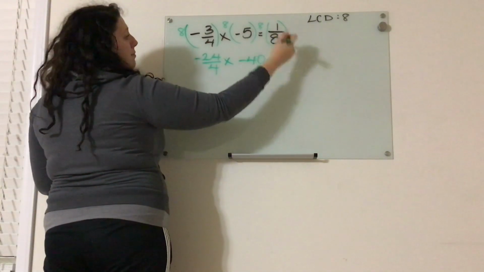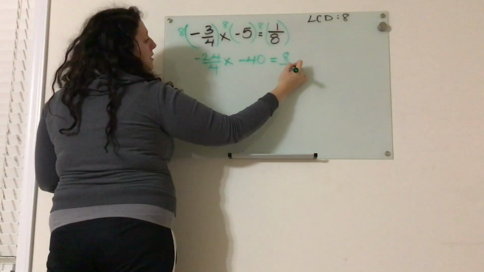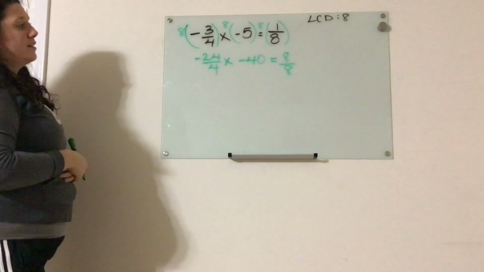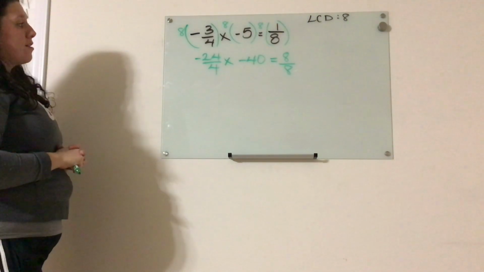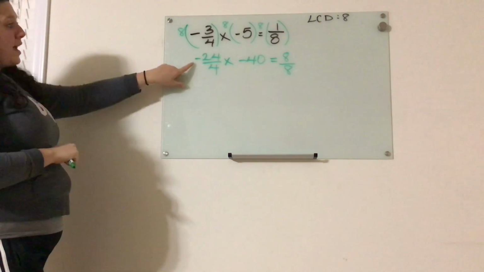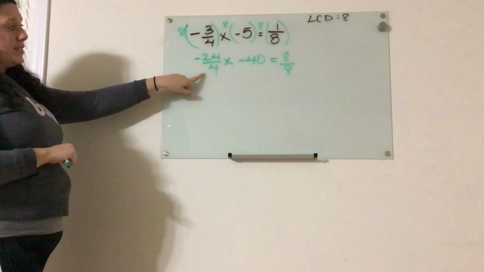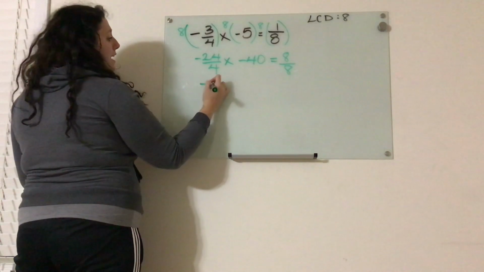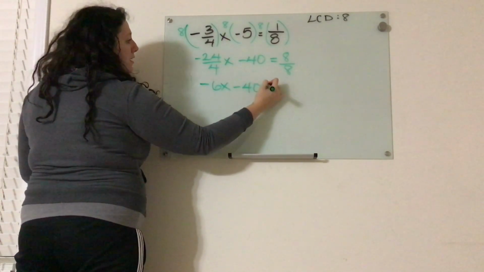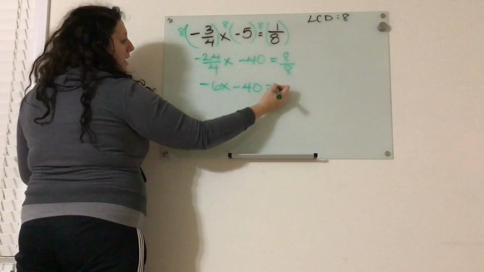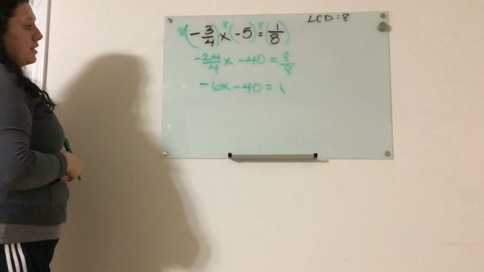And 8 times 1 is going to give me 8 over 8. All right, next we're going to go ahead and simplify our fractions. So negative 24 divided by positive 4 is going to give us negative 6x minus 40 equals, and 8 divided by 8 is going to give us a positive 1.